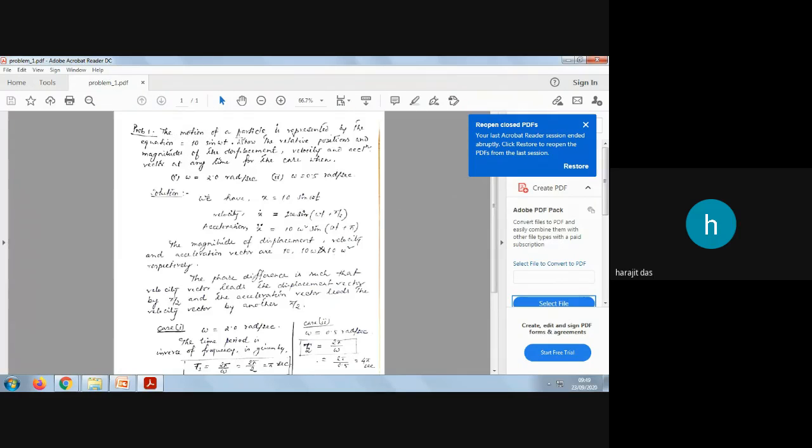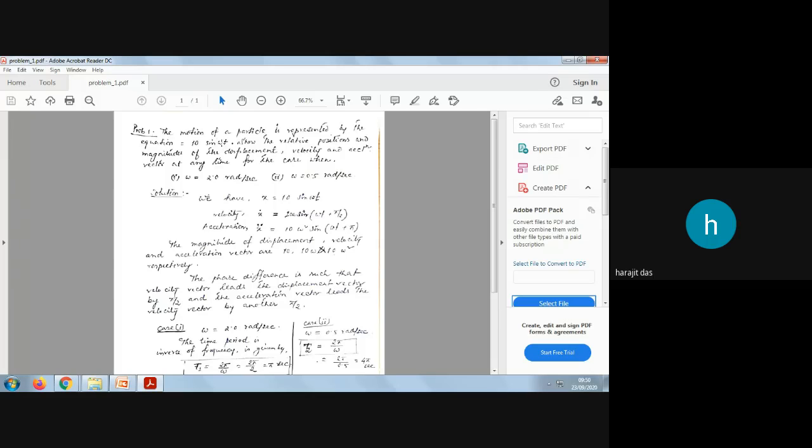Here you can see the motion of a particle is represented by the equation. Here x is not written, so you need to introduce one x: x equals 10 sine omega t. So 10 is the amplitude of motion, and omega t is the theta.